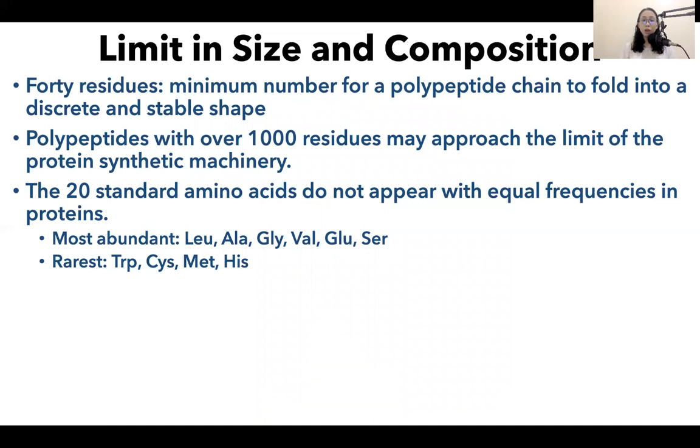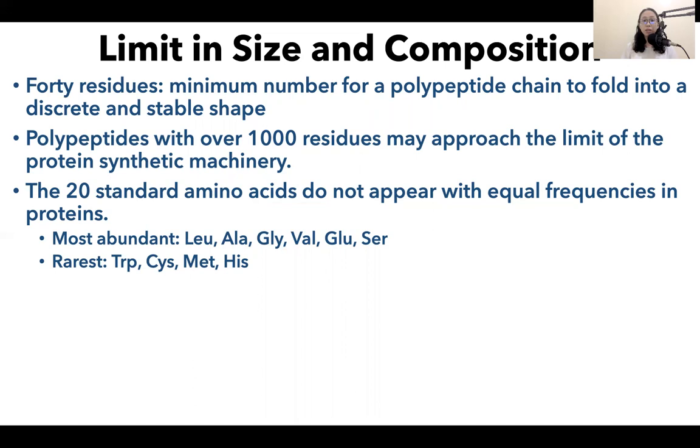Most of these are your nonpolar amino acids, right? The leucine, alanine, and glycine, and also valine. Meanwhile, we have the glutamate, which is negatively charged. The side chain is negatively charged at the physiological pH. For the functions of a lot of proteins, glutamate plays a role, and it's due to its negative charge.